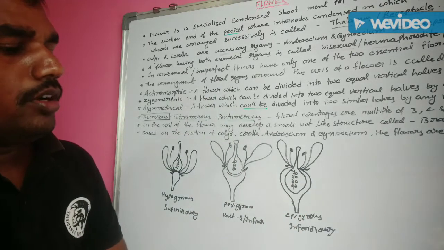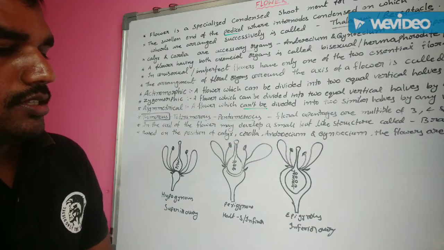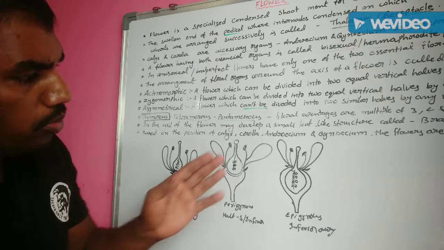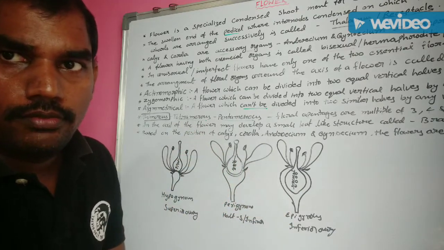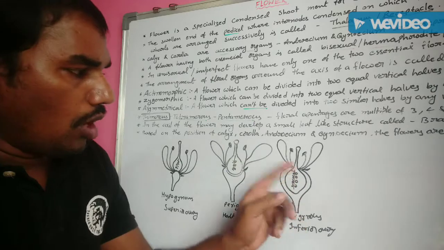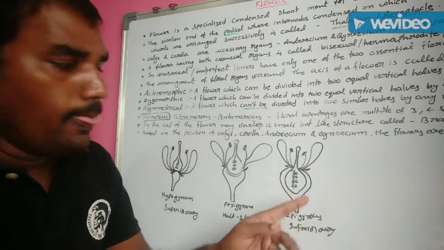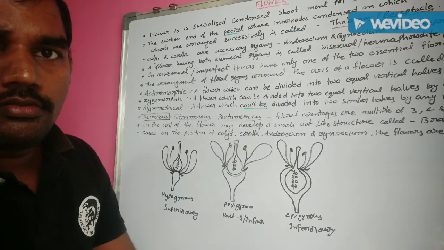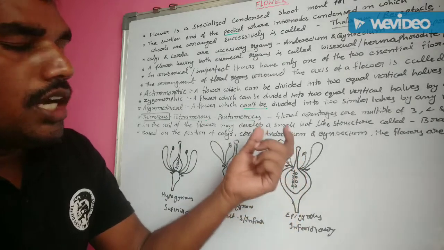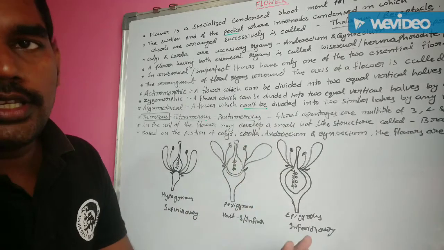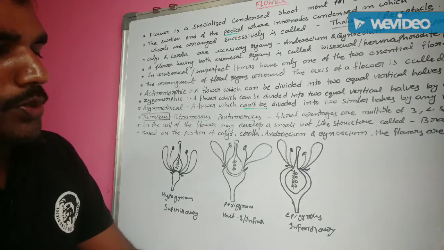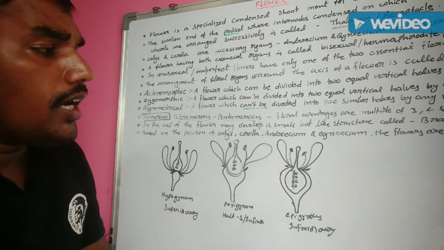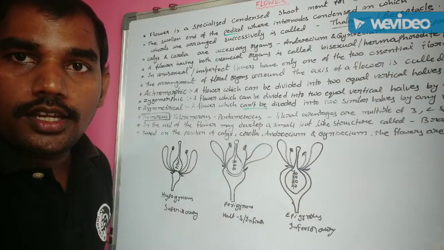The wall of the ovary and the wall of the thalamus are both fused with one another and form a deep cup-shaped thalamus. The other floral parts are located above the ovary.